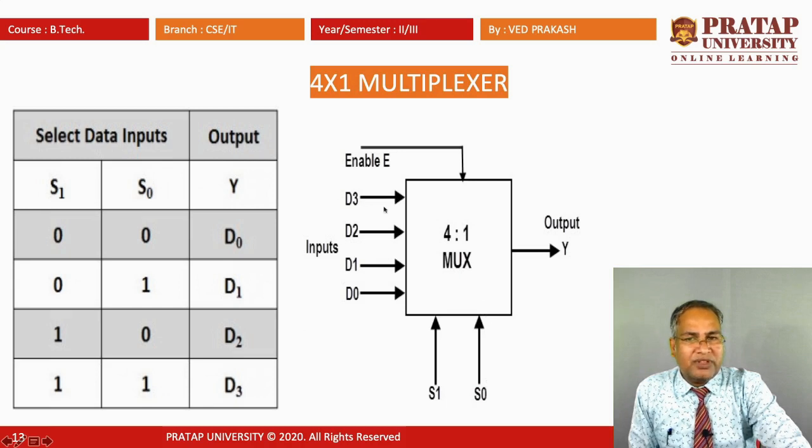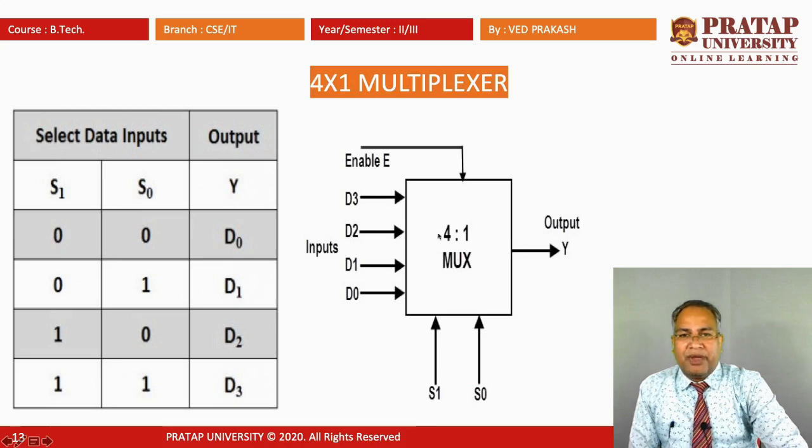The inputs are controlled by the selecting lines, and the number of selecting lines depends on the number of inputs. If the number of inputs is 4, then we have to take 2 selecting lines. If the number of input lines is 8, then we have to take 3 selecting lines. So, these selecting lines basically manage the input lines one by one.